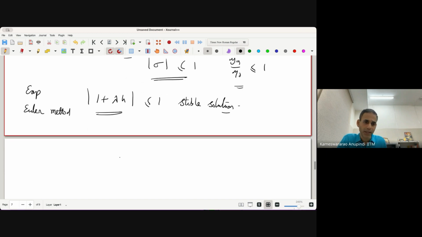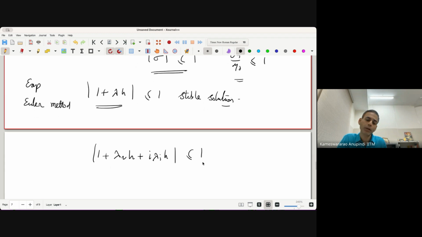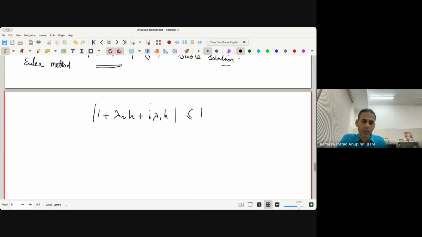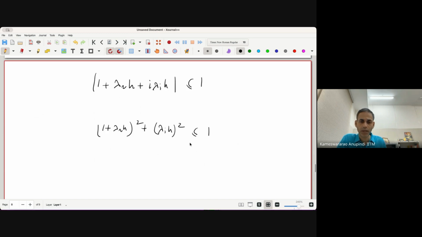I can also write this as the modulus of 1 plus lambda r h plus i lambda I h being less than or equal to 1. What is the modulus of a complex number? That is its magnitude. So we can write (1 plus lambda r h) whole square plus (lambda I h) whole square to be less than or equal to 1.